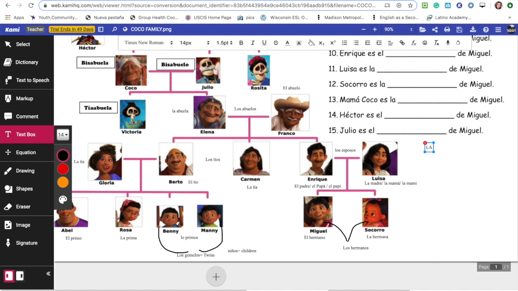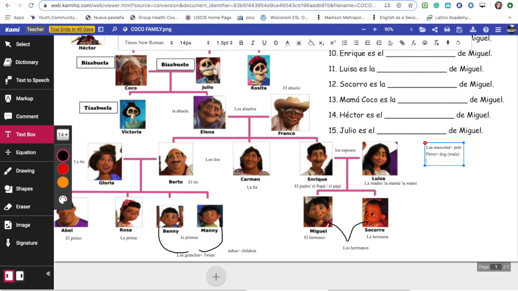So we have las mascotas, pets, right? And the mascots, right? Pets. And we have the most simple ones, perro. I know that you have more, but those are the most common ones. That is a dog, a male.